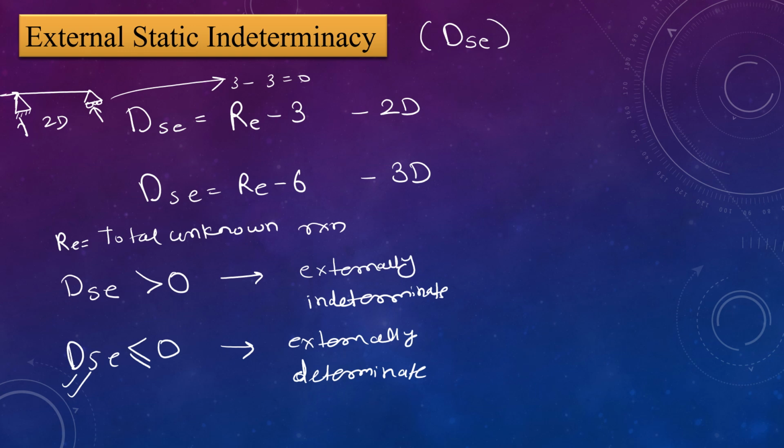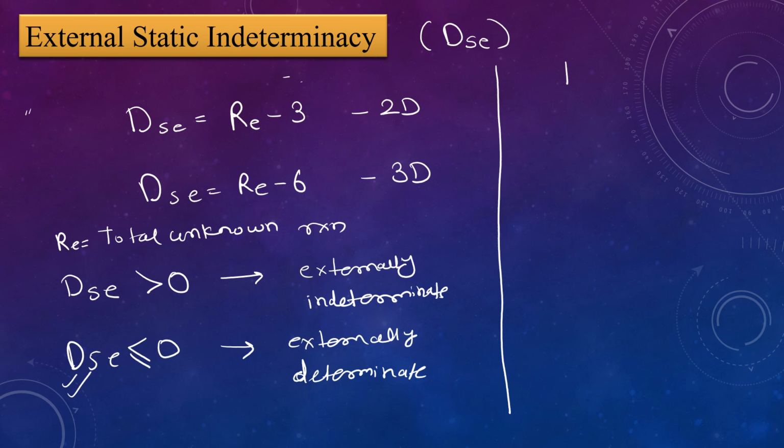Okay, then next there are some special conditions in case of external determinacy. So the first case is if there is any fixed beam acted on by a point load, and because of that point load only vertical reactions act on this beam. So because of that vertical reaction there is no horizontal reaction.